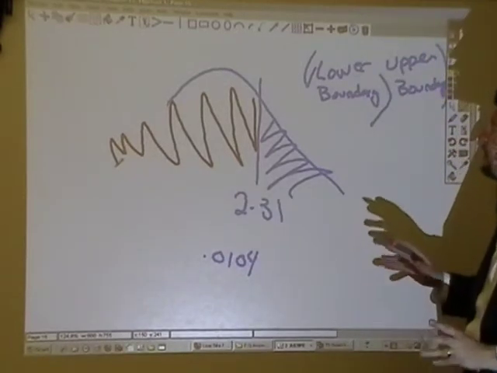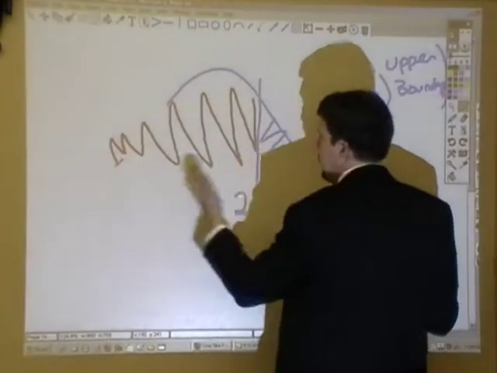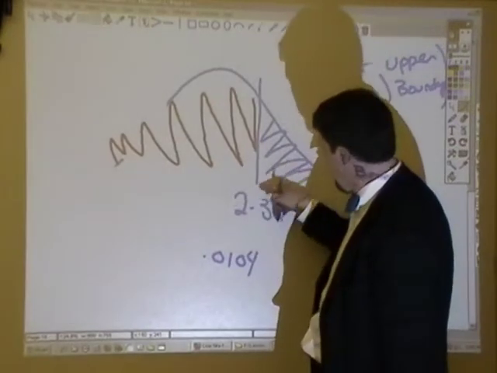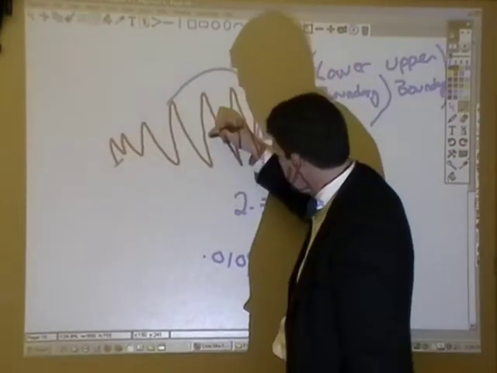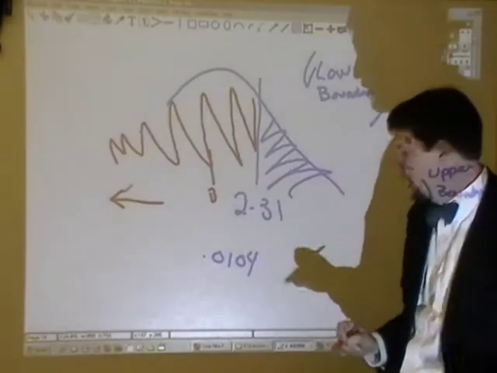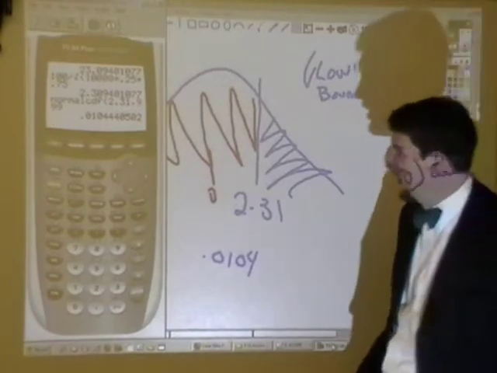But if we're talking about using the calculator, we're going to go from our lower boundary to our upper boundary, normal CDF, lower boundary, comma, upper boundary. We're here at 2.31, but we're going to cross through 0, and then go down here to where? To negative infinity. What's negative infinity going to be? Negative 999.